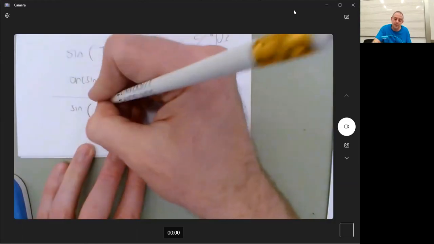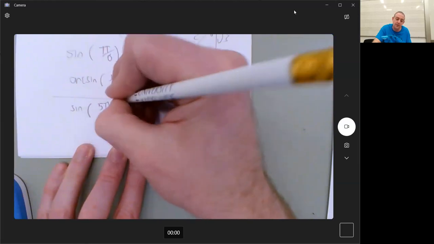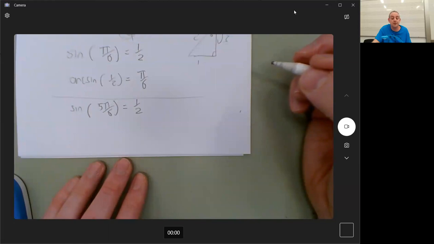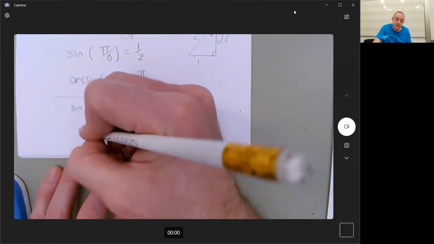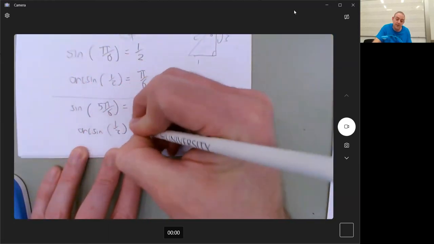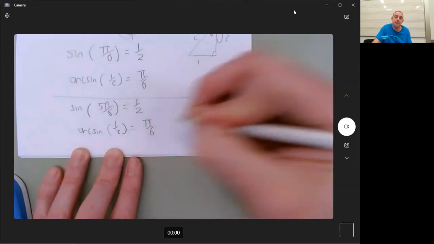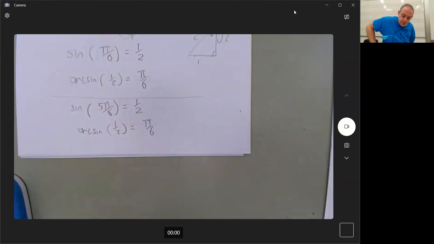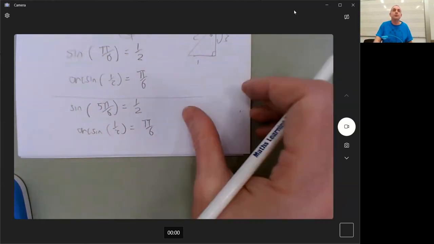Sine of 5 pi on 6 is also a half. And arc sine of a half is still pi on 6, not 5 pi on 6. It only produces the matching angle in the right-hand quadrants.